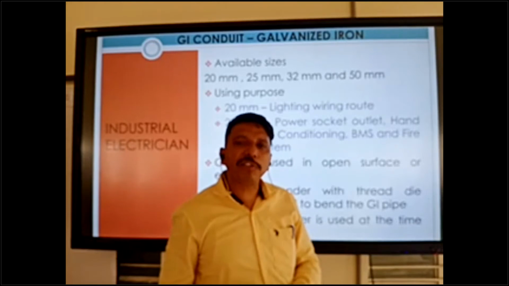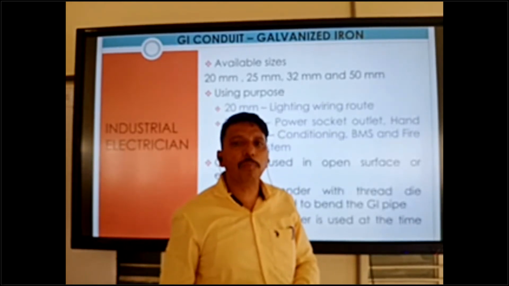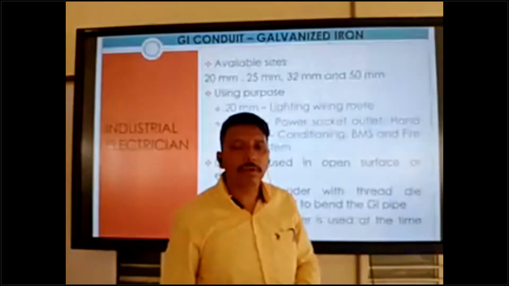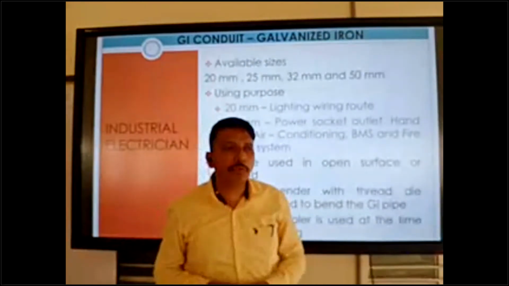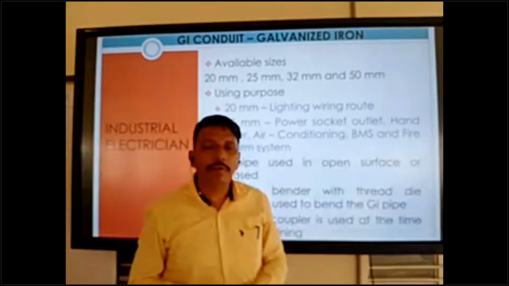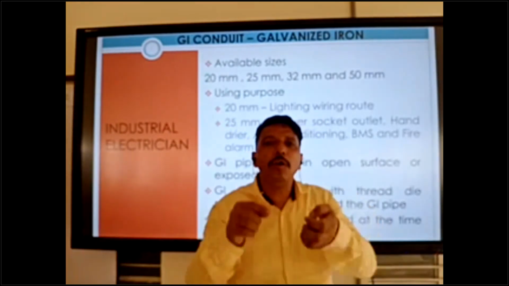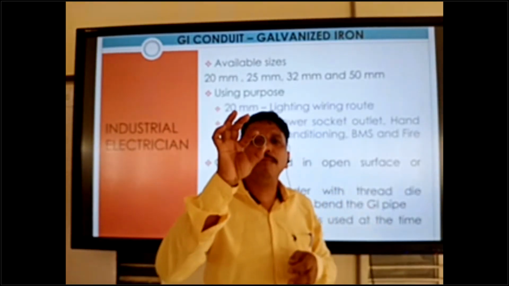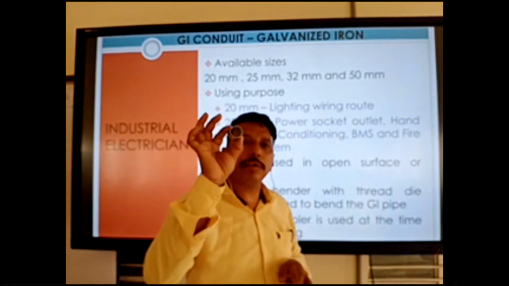GI conduit is always on the surface, open or exposed. For GI pipe bending we use a GI pipe bender, and for joining we use a threading type coupler.